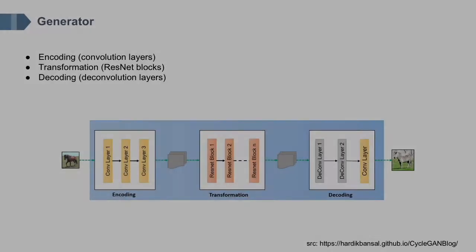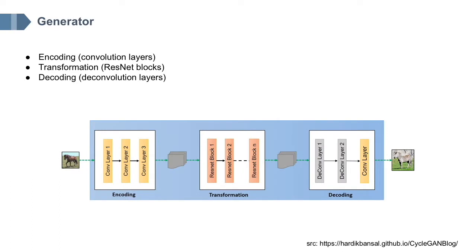First, let's take a look at the generators. The generators consist of three different phases: encoding, transformation, and decoding. During the encoding phase, the input image goes through a series of convolution layers to extract lower layer features. Afterwards, ResNet blocks are used during the transformation phase to extract further information.